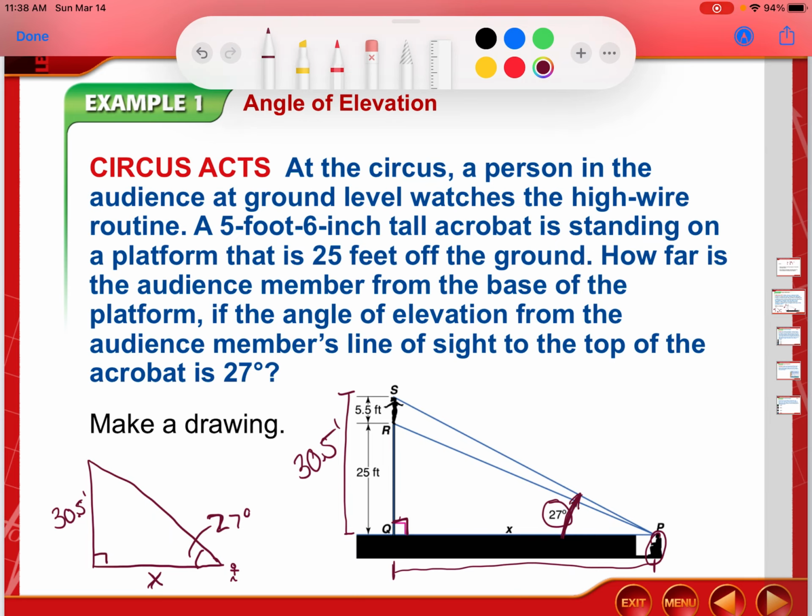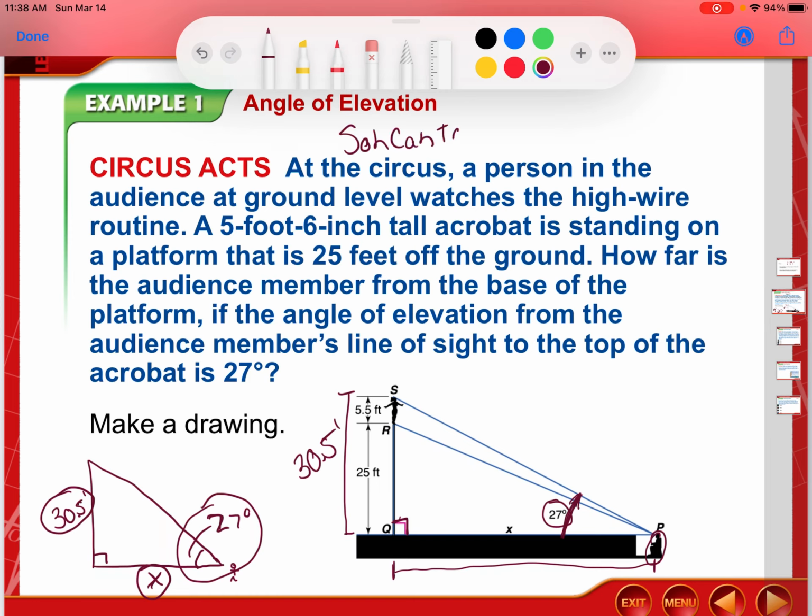Now that we have that drawn, we can go about solving this just like any of the SOHCAHTOA problems we solved last time. So first things first, I'm going to identify my 27-degree angle because that's what we're working off of. And we're trying to find this x side, and we know our opposite side. So I know I need to set up something in SOHCAHTOA that involves the opposite side and an adjacent side to the 27 degrees.